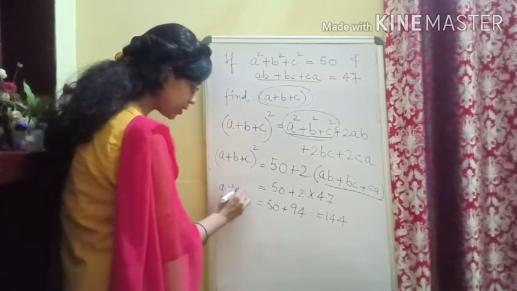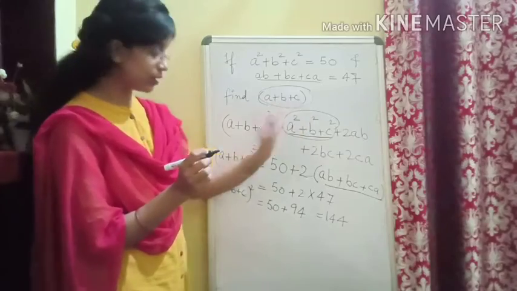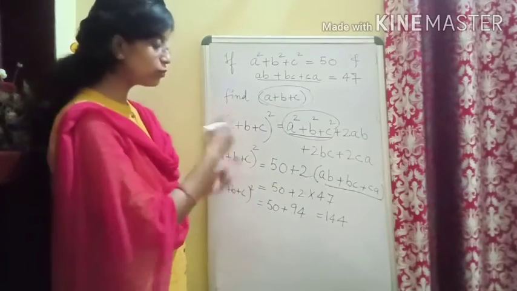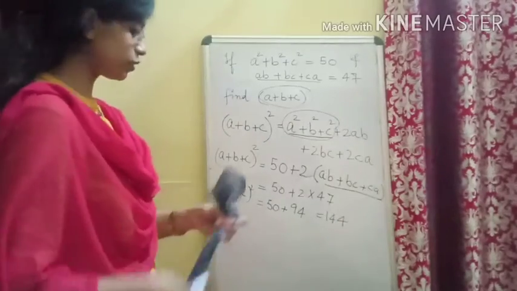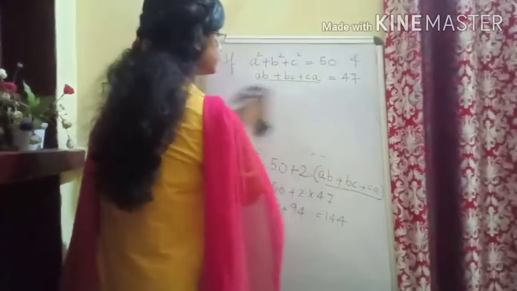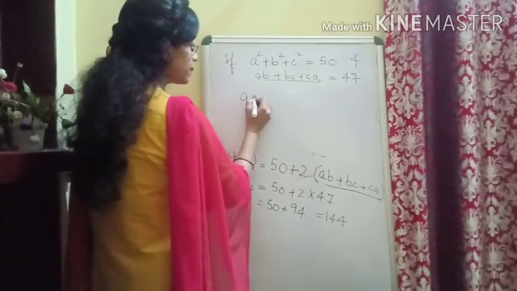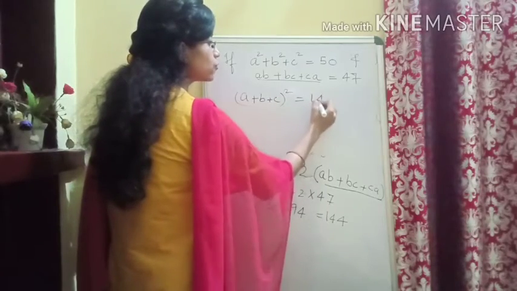And on the left hand side what we have? a plus b plus c whole square. We have to calculate a plus b plus c, so we have to remove the square. When you remove the square, it will go to the other side and it will become the square root. So we have a plus b plus c whole square, and the right hand side is 144.